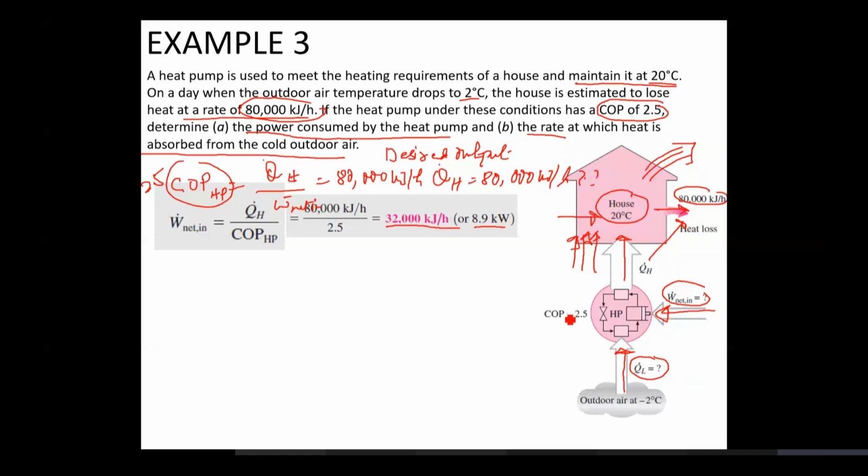And second part is the rate at which heat is absorbed from the cold outdoor air, which is Q dot L. Again, if you apply the energy balance on this heat pump, you would have work dot net in coming into the system, plus Q dot L coming into the system, and what is moving out of the system is Q dot H. So Q dot L would essentially be 80,000 kilojoules per hour minus 32,000 kilojoules per hour.